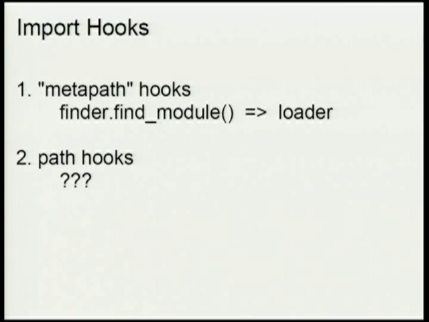Wonderful, nice and easy. Okay, then at the next layer down, we have import hooks. Import hooks are, again, really straightforward. If you look at PEP 302, there's a lot of information there, but really what it boils down to is we have these finder objects that have a find_module, and they give us a loader, and they get used during imports.